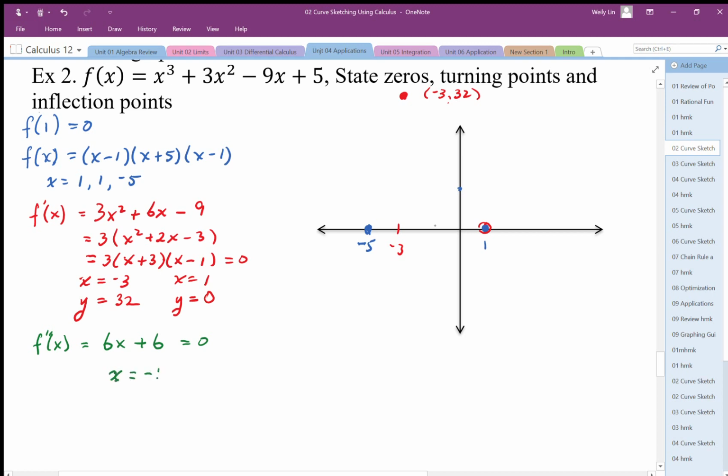So that means at -1, there's going to be a point of inflection. In this case, I'm going to find the y-coordinate because, again, it's fairly easy to plug in. -1 plus 3 is 2, plus 9 is 11, plus 5 is 16. So at -1, 16, maybe it's going to be somewhere around here. That's going to be my point of inflection.